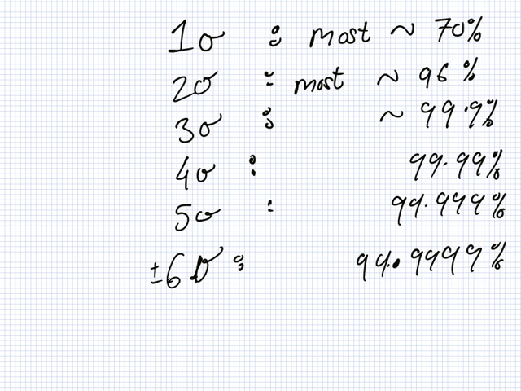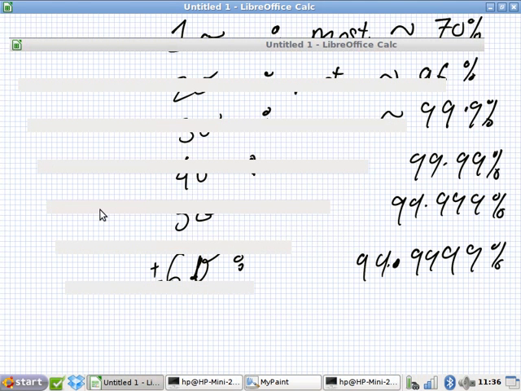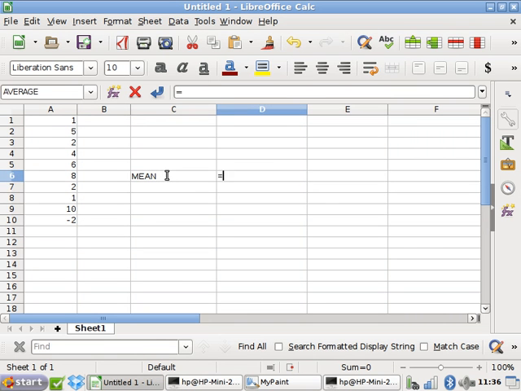It's possible. I can give you an example. Do I still have this data here? No, I don't. Let's just make up some random numbers: 1, 5, 2, 4, 6, 8, 2, 1, 10. Minus 2. Right, so the mean and the standard deviation.